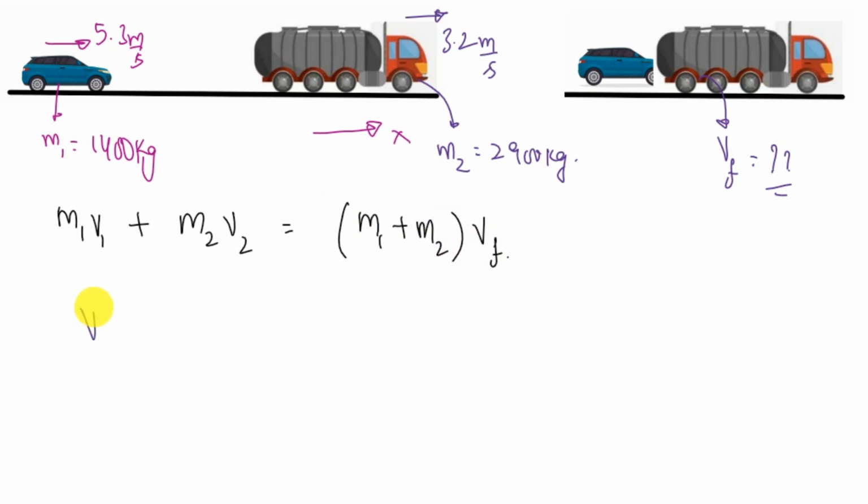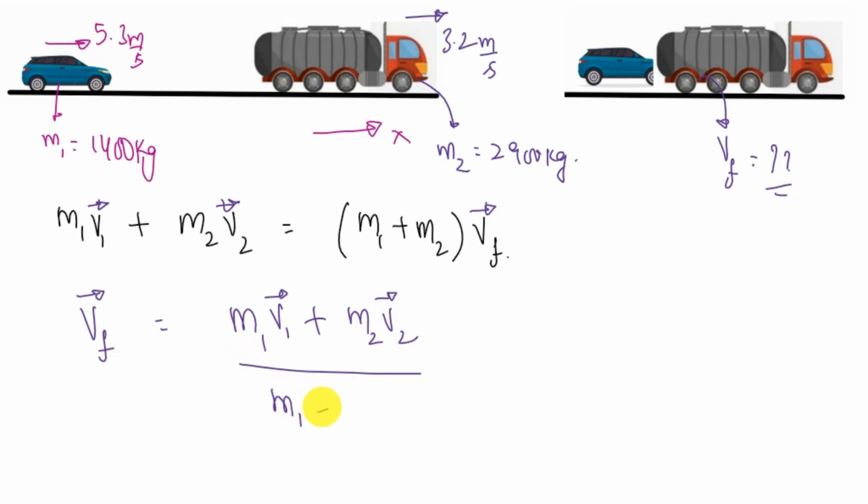And from here the final velocity, not the speed, you must say velocity here, because momentum is a vector quantity. So the final velocity will be equal to the initial momentum, that is m1 v1 plus m2 v2, divided by m1 plus m2. And this equation we studied in the previous video also. Now simply put the values.